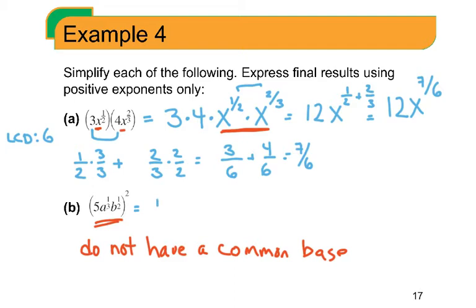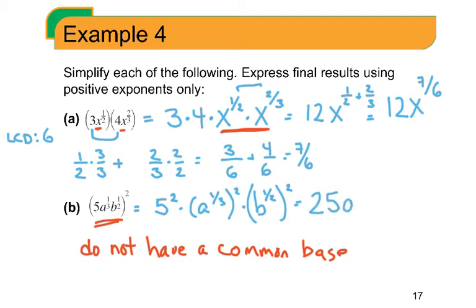So this will equal 5 squared times a to the 1/3 squared times b to the 1/2 squared, which I think you can see is 25a to the 2/3 b, because 2 times 1/2 is 1. And we just don't put a 1 there because it's understood.